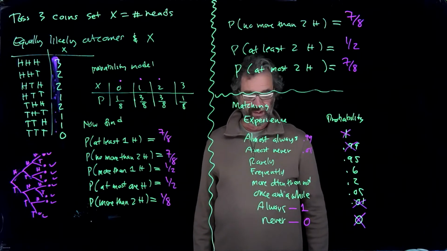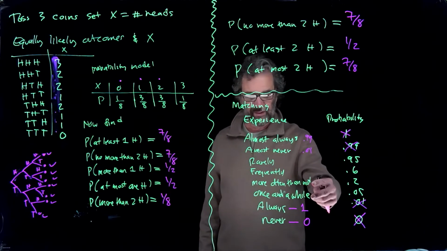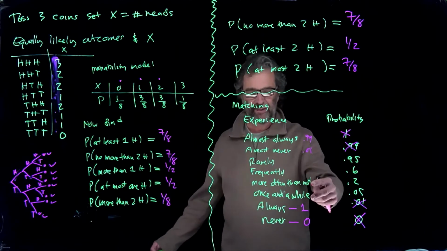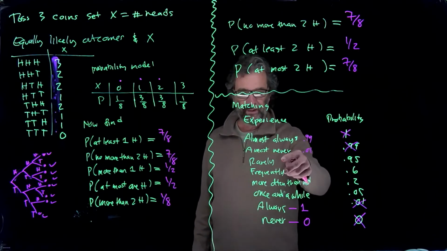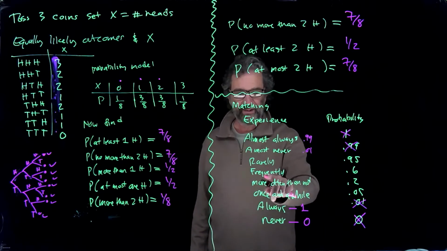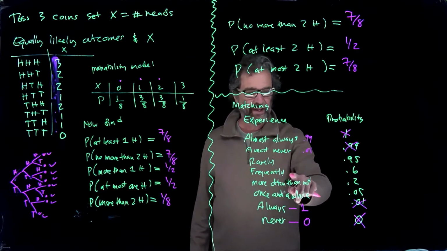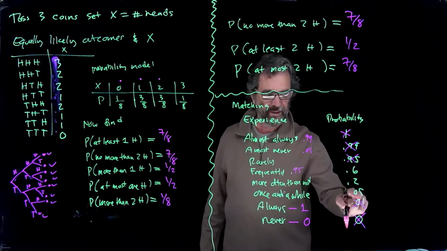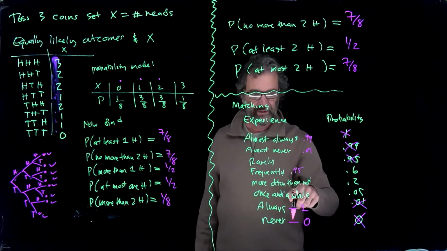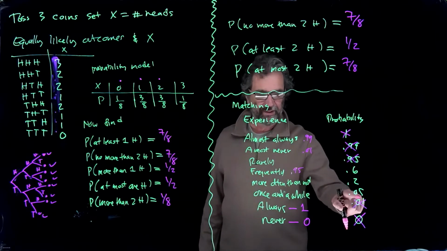So the ones that seem a little more lackadaisical, like maybe, maybe not, I don't really know, those might be harder to pick up. Rarely and frequently seem like they're sort of the opposite of each other. Frequently is often, so it ought to be a high probability. I'll put 0.95 there. And rarely ought to be a small number, but we don't have any small numbers left. I'll take this one, 0.05.